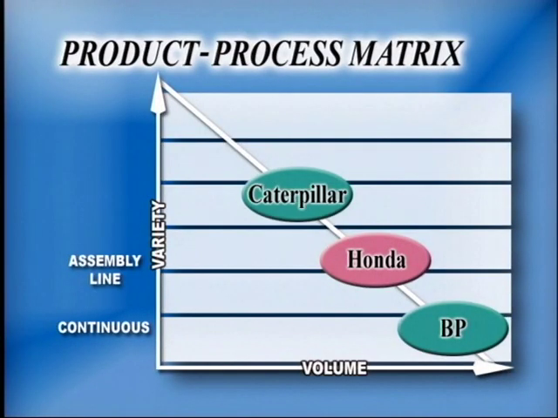Because the volume of products they manufacture is lower than Honda's and the variety of machine is greater, Caterpillar makes use of batch processing. This process creates products in small lots, or batches, in much smaller volume than Honda.